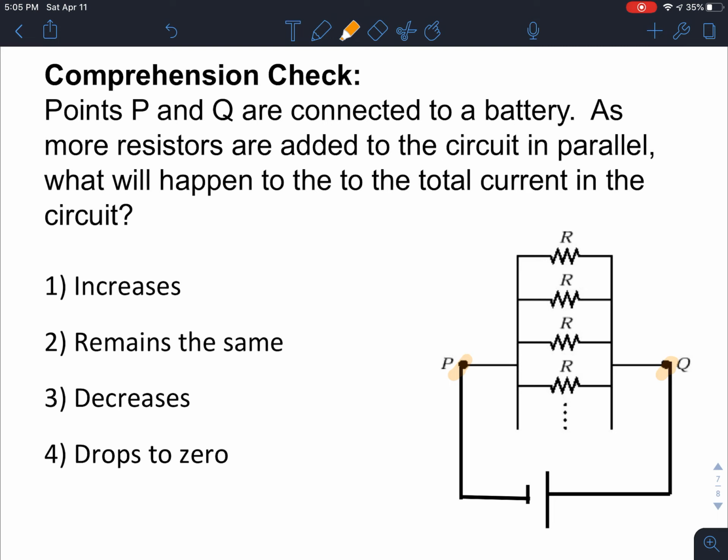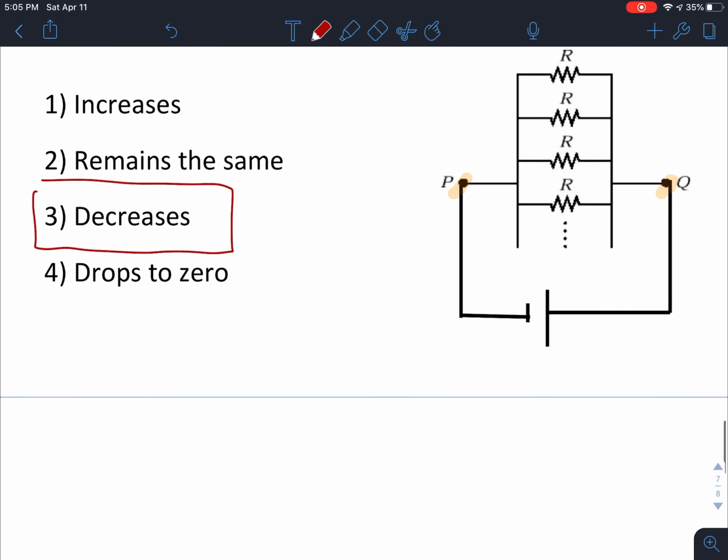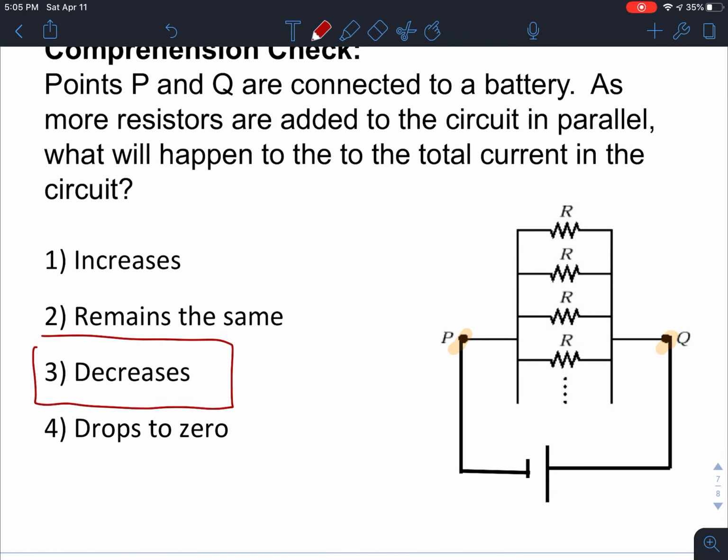We learned that adding more resistors in parallel is like opening more toll booths, and that will end up increasing the total current in the circuit. Eventually, if we add so many resistors, the current gets so high that it becomes extremely dangerous. So we'll talk about how our houses are wired. Are our houses wired in parallel or series, and why is that?